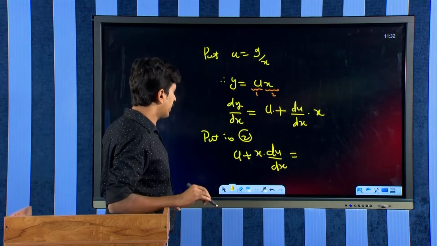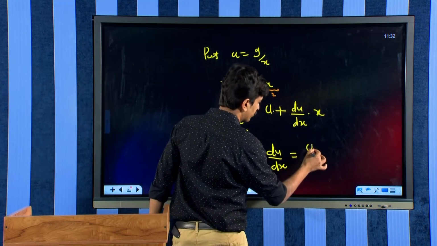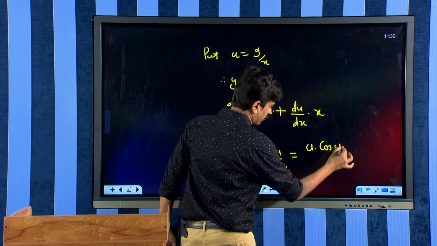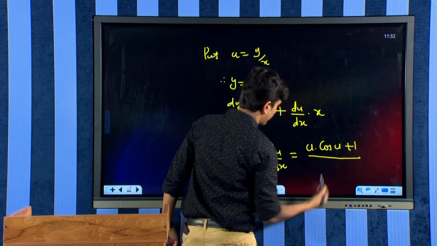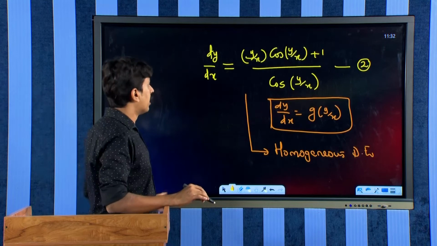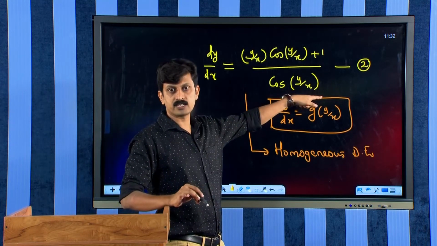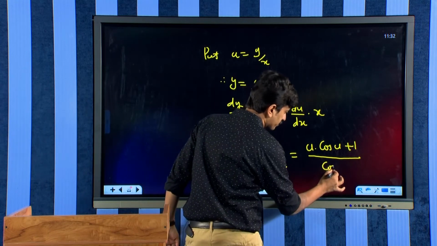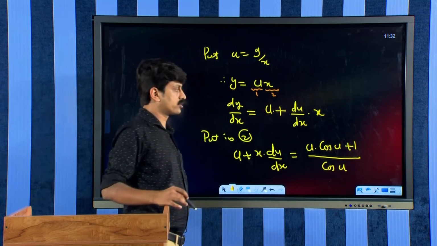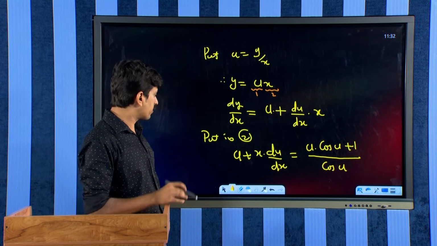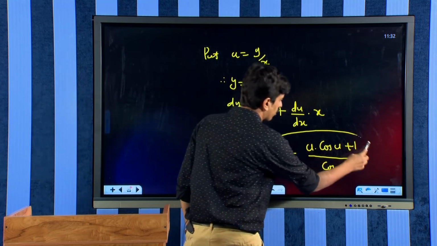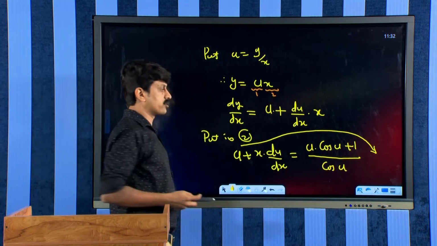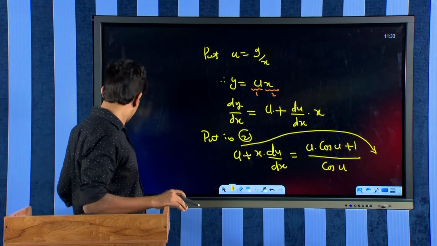So, y by x into cos y by x is u cos u plus 1, divided by cos u. Now, we can take u to the opposite side, so we take minus u.